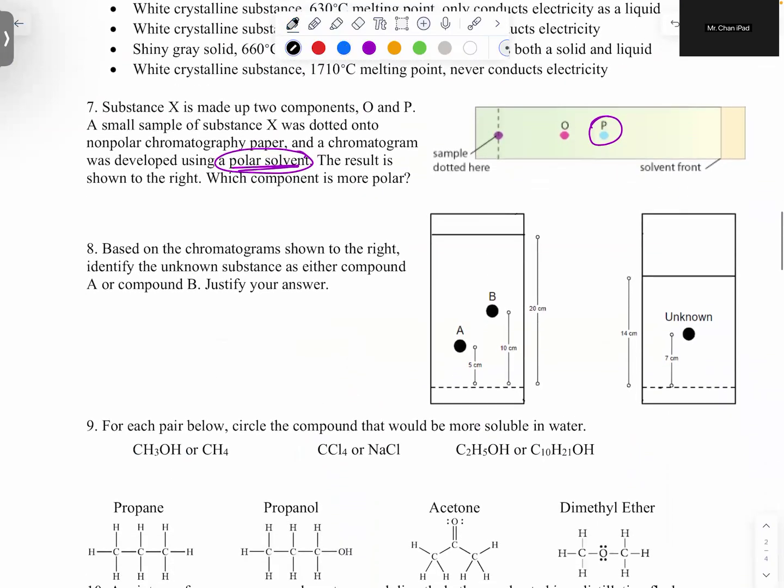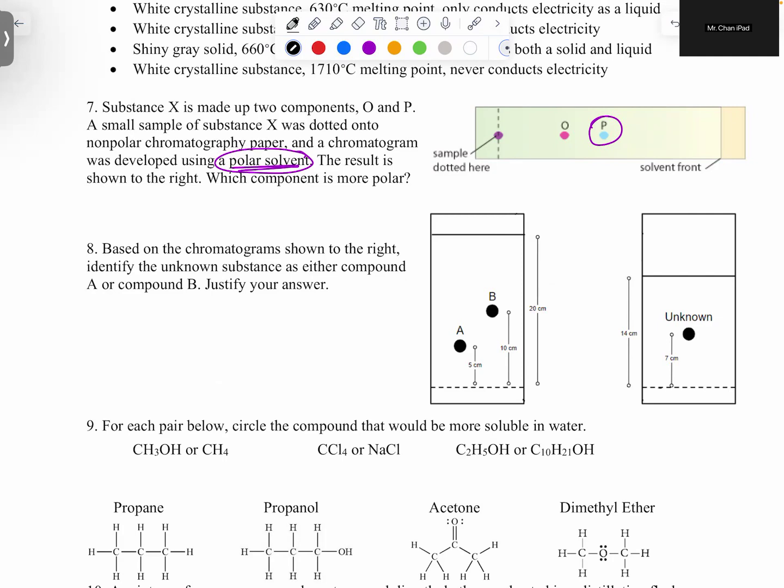All right, let's take a look at number 8 as well. Another pair of chromatograms: identify the unknown substance as either compound A or compound B. Now, this one is a little bit of math, and I think you all did this back in biology. Did you?